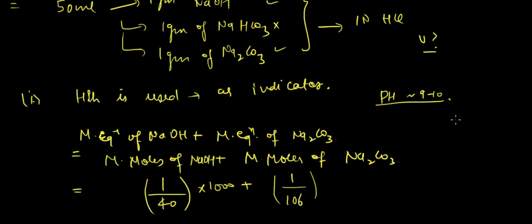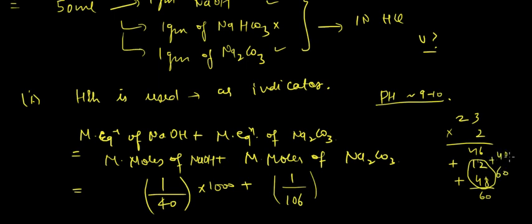How did we get there? 23 into 2 is 46, plus carbon 12 plus O3 is 48. So 12 plus 48 is 60, and 46 plus 60 would be 106. This would be equal to normality of HCl into volume of HCl in milliliters. This is the millimoles, multiplied with 1000 here because this is the equivalents, and multiplied with 1000 gives milliequivalents of Na2CO3. So from here, the volume of HCl that is required can be calculated.